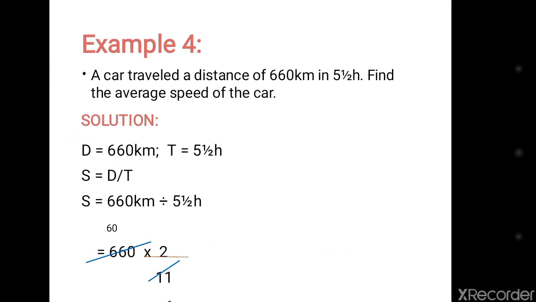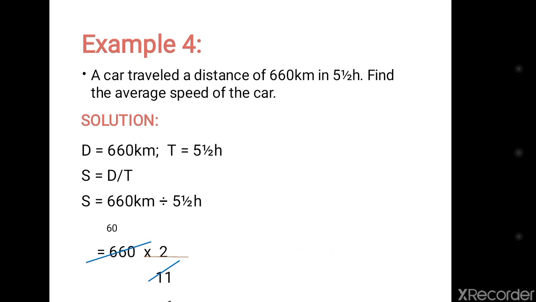Let's look at example 4. A car traveled a distance of 660 kilometers in 5.5 hours. Find the average speed of the car. Remember, distance we've been given as 660 kilometers, and time is equal to 5.5 hours. So mathematically, we say speed is equal to distance divided by time. Now, speed is equal to 660 kilometers divided by 5.5 hours. So that will give you 660 kilometers times the reciprocal of 5.5, which is 2/11.